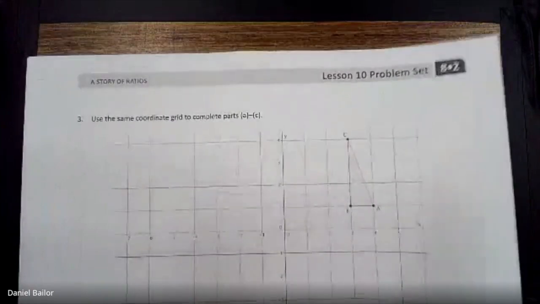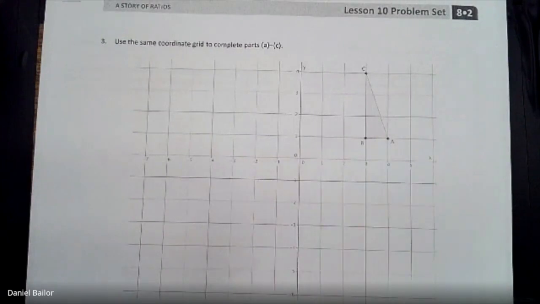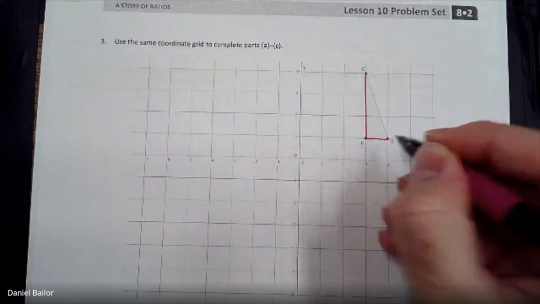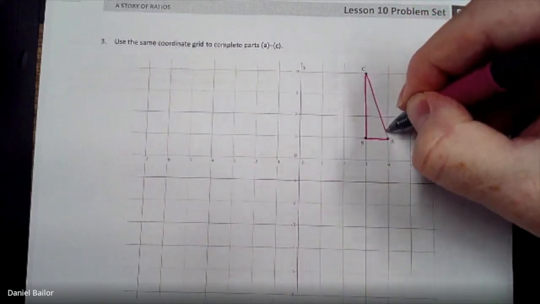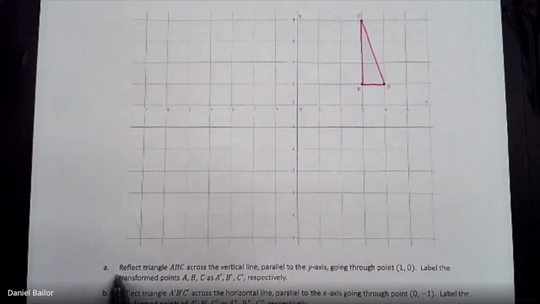Page 114 has another problem on graph paper. It says use this, so we're supposed to use this graph for parts A, B, and C. So here's triangle ABC that you are going to transform. Let's read the directions about what you're going to do. Part A, reflect triangle ABC across the vertical line parallel to the y-axis that goes through point 1, 0.